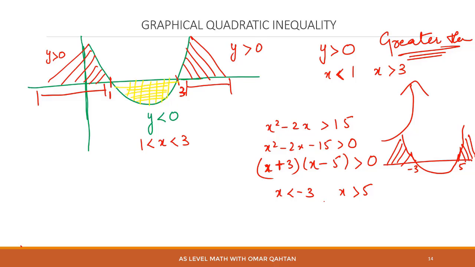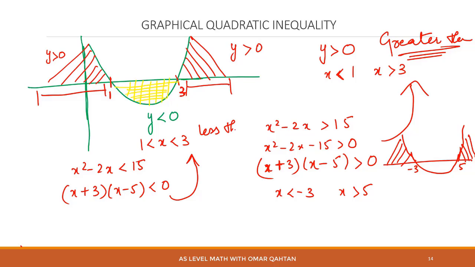What if this question is given somewhat like this: x square minus 2x less than 15? So how are you going to do it? Again, we are going to do the same thing here: (x plus 3)(x minus 5) and then less than 0. Now this is the less than case.